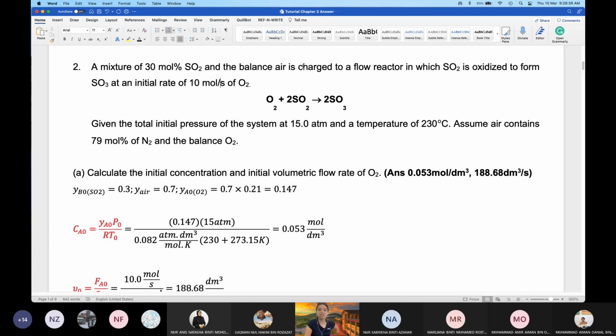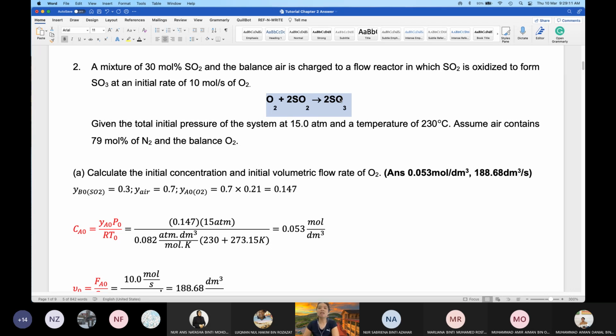Okay, so you see the question, the chemical reaction is between oxygen gas and SO2. So SO2 punya mole percent is 30%. Okay, and the remainder percent, 70% is air. So kenapa dia guna air walaupun our reaction is with oxygen gas, but they do not pump in pure oxygen gas. Instead, they pump in air because air contains oxygen as well.